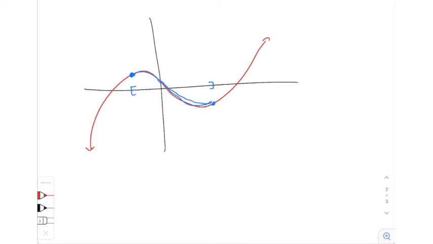That one does have an absolute maximum and minimum value, just among the blue part. The absolute maximum would be there, and the absolute minimum would be there. If I only focus on that closed interval, then it does have an absolute maximum and an absolute minimum.